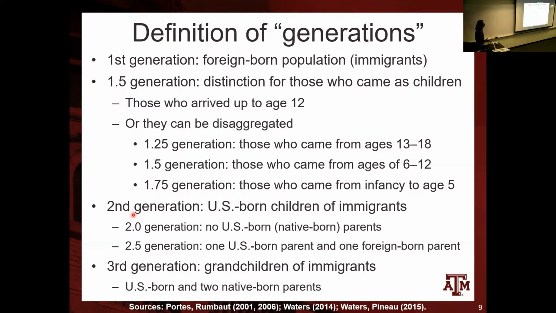In the second generation, as we did for the 1.5th, we can also break it down even more if we have detailed information about where the parents were born.